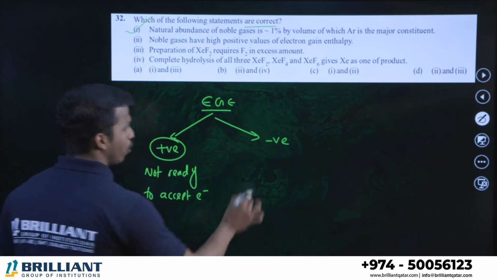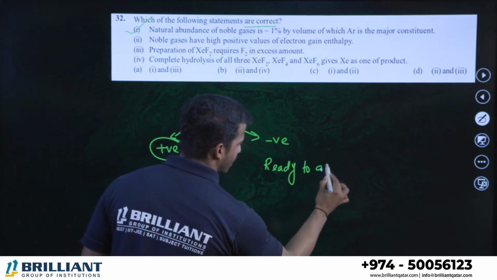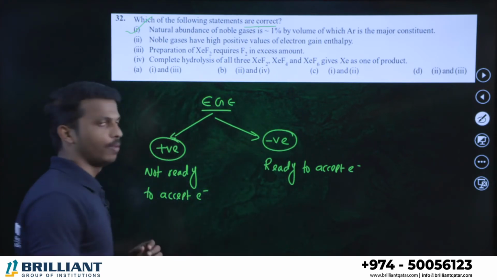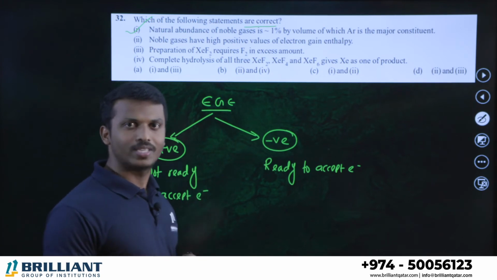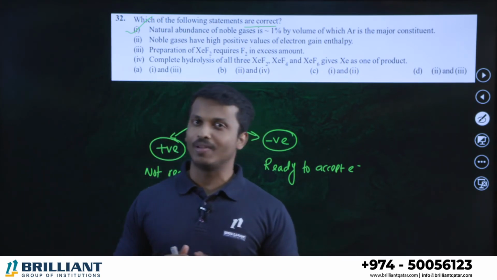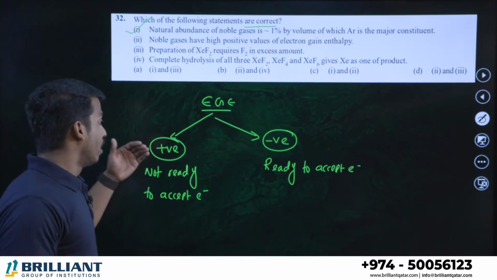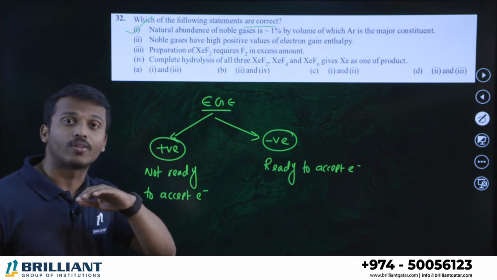Those species which are ready to accept electron, the electron gain enthalpy will be negative. In the halogen family, they have more negative electron gain enthalpy because halogens are ready to accept electron. But positive electron gain enthalpy means those systems are not ready to accept electron.